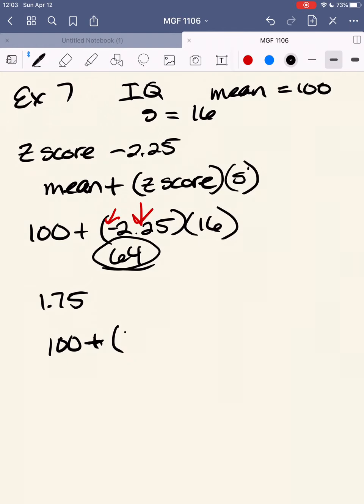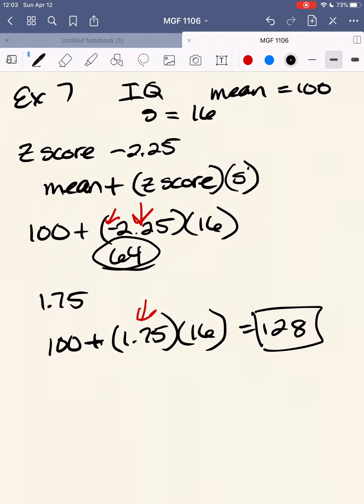My z-score is positive, so it's not going to change anything, and my standard deviation is 16, which gives me 128. Because this is positive, the value should be bigger than the mean. If it's smaller, again, it's going to be a sign error.